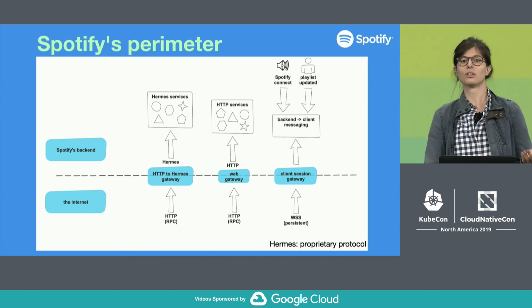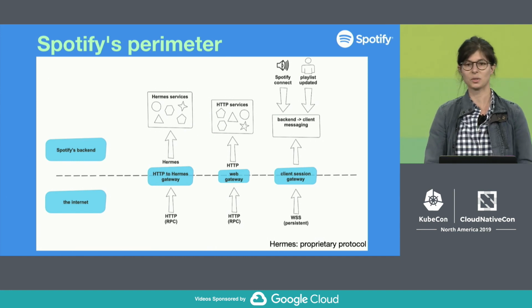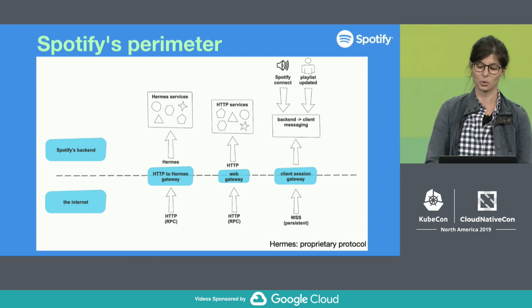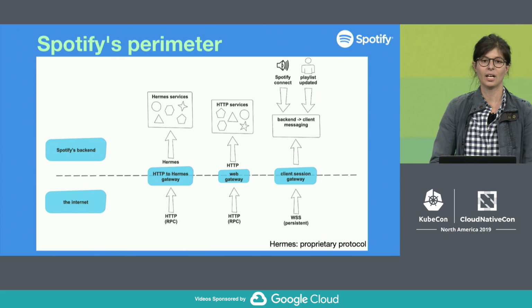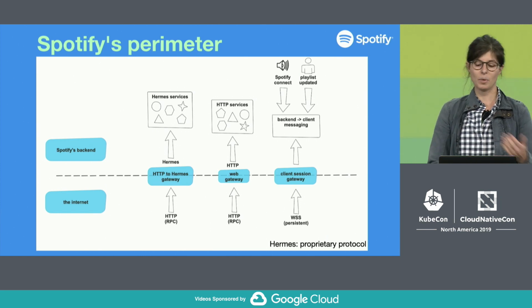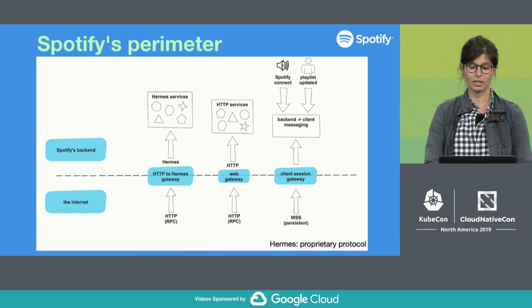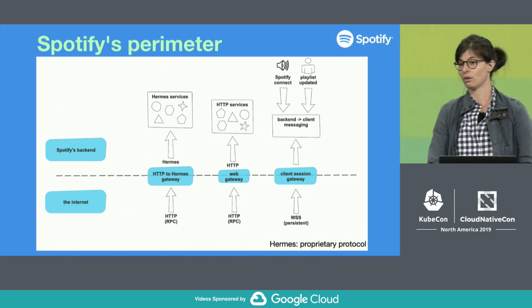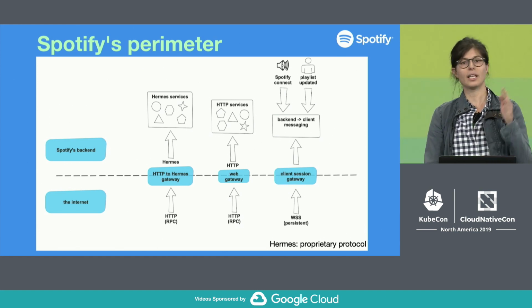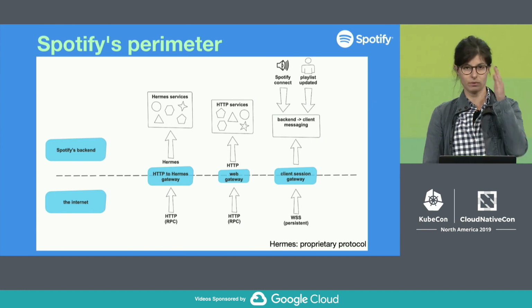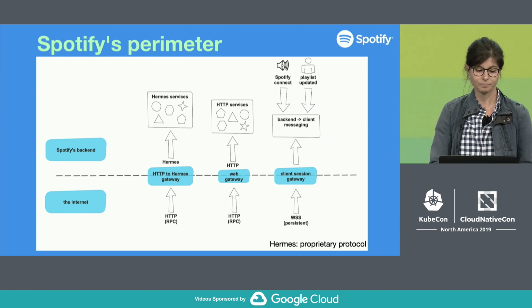Now, if you've never heard of Hermes before, that's totally fine, because it's a proprietary protocol that Spotify developed back in 2012. And though it's now being phased out in favor of gRPC, we still have a lot of services that use it. So the perimeter has an HTTP to Hermes gateway just dedicated to this use case.